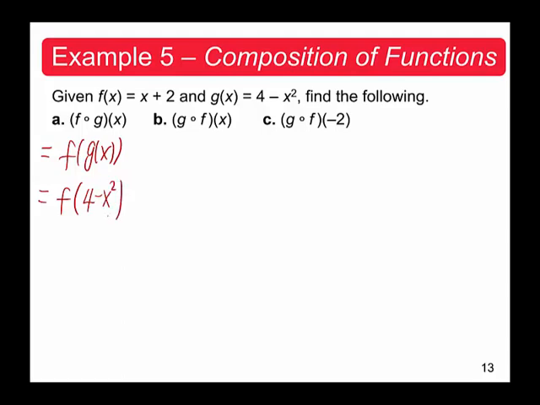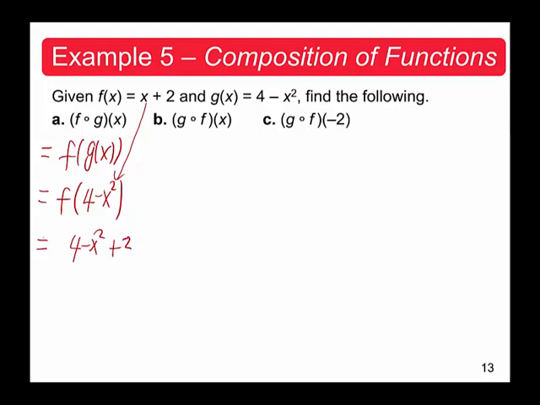And then function f is the outer function. Now we go back to the f of x and replace x with whatever is inside the parentheses, the inner function. So x becomes 4 minus x squared. So it's 4 minus x squared adding 2.